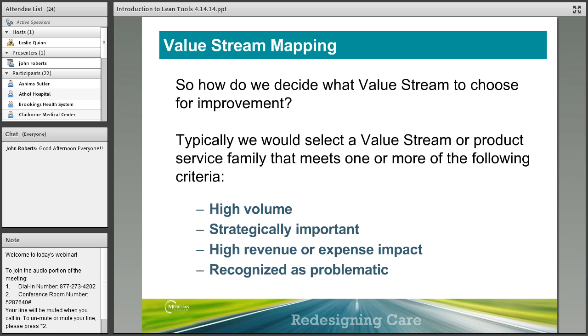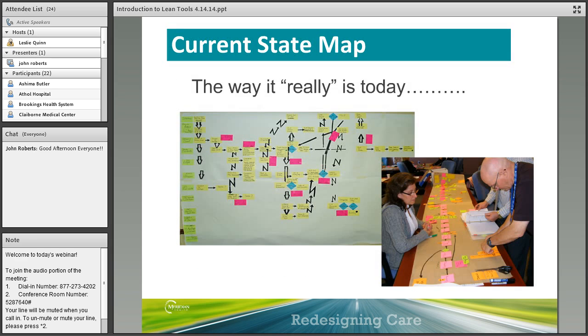We look at other issues that have been recognized as problematic. I'm always amazed at how many times I can go into a facility, ask them to identify a bottleneck or a problem that's been pretty consistent, and they can many times say that they've had that problem for many years. And again, value stream mapping helps us to be able to look at that.